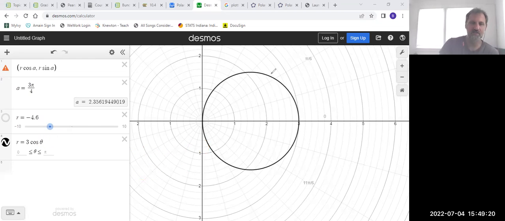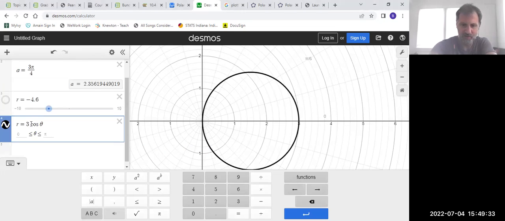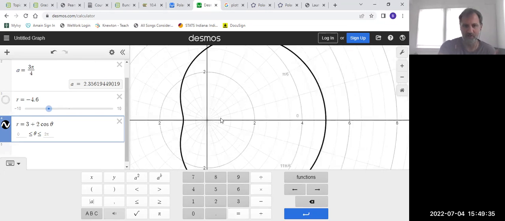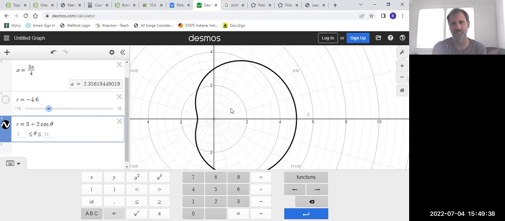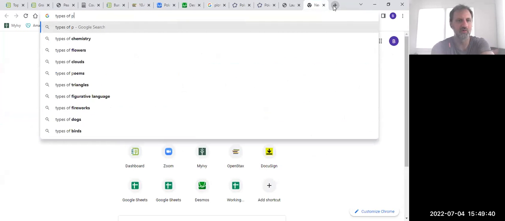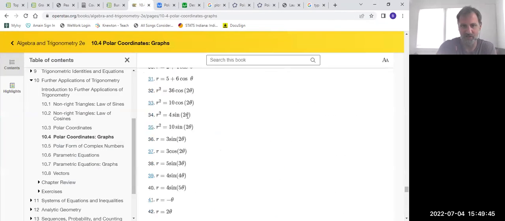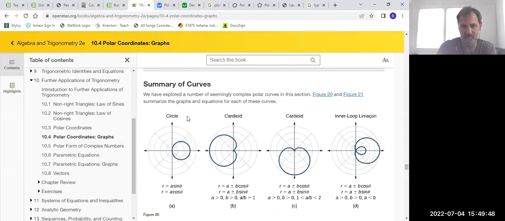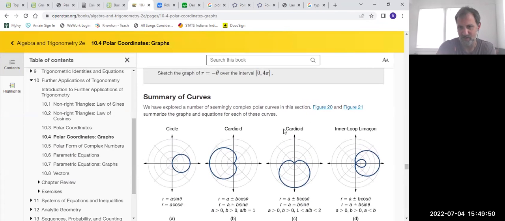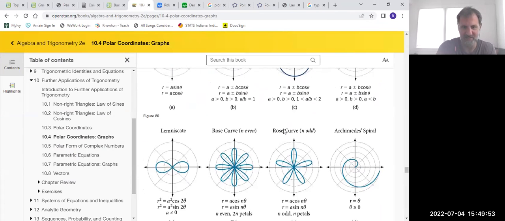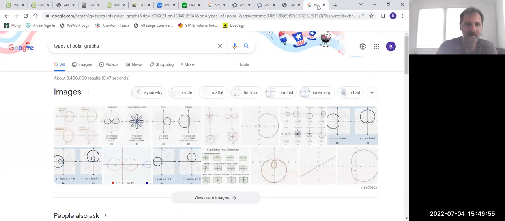Okay, so now let's get into some of the sort of murkiness. Just make something up here. If you go look up types of graphs, in the textbook 10.4, it's got all kinds of curves: cardioids, inner loop limacons, lemniscates, and rose curves. I'm not into all that.